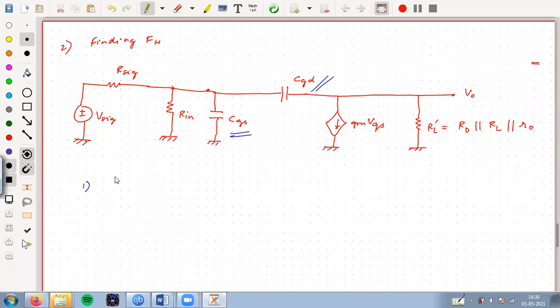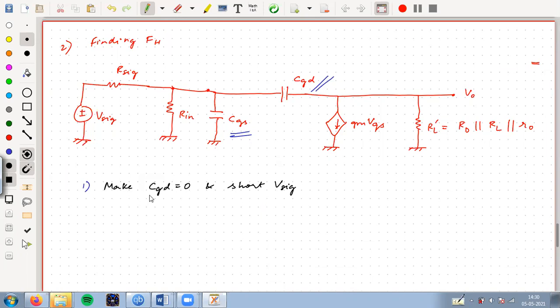So what I'll do is first make CGD 0 and short V signal. Remember the formula: sigma i equals 1 to n of Ri naught into Ci, where Ci is the capacitance which is considered, while the other capacitances are open circuit.